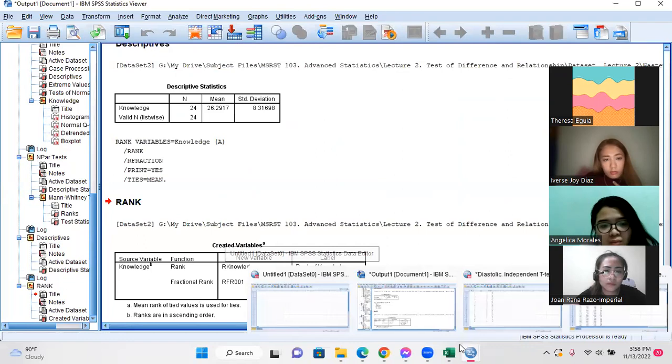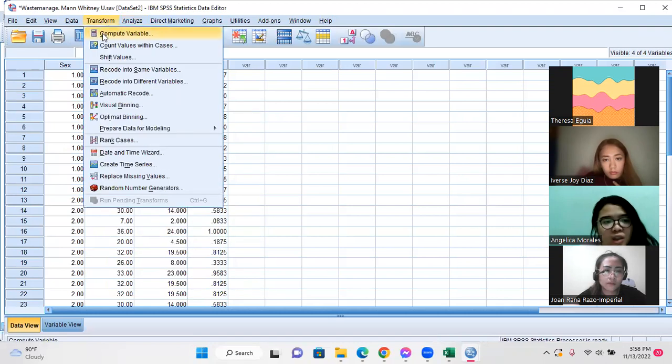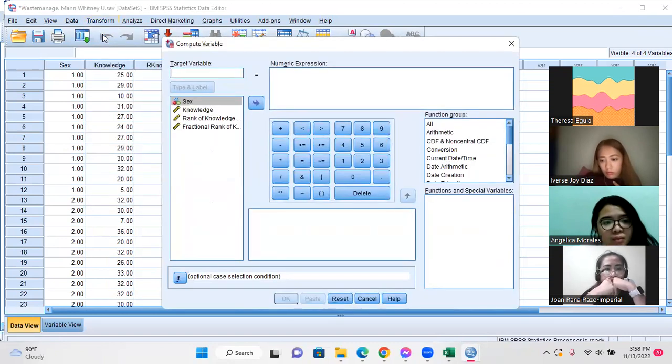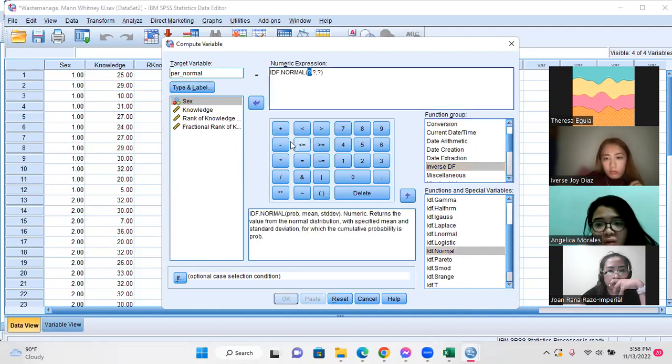Tapos balik tayo dito. Yan, ganyan dapat ang itsura niya. Tapos, balik tayo dito. Transform, compute variable. Per normal, ito yung bago niyang name. And then inverse DF. Normal. Ayan.